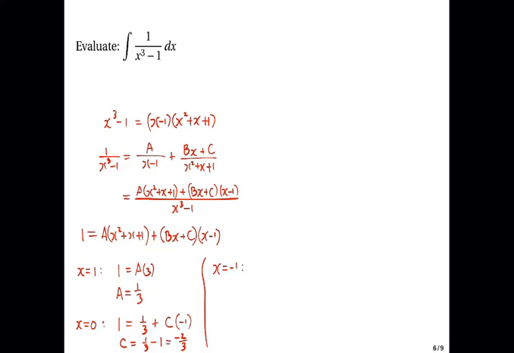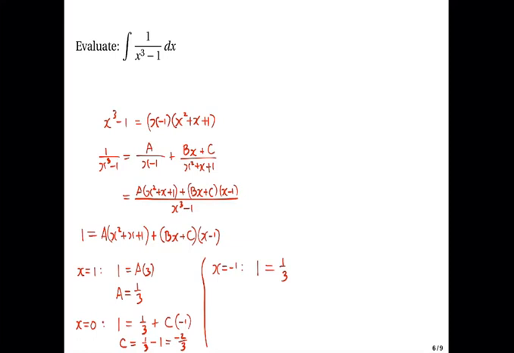So when x equals negative 1, left-hand side it's 1. Right-hand side, you have here a, which is 1/3. And then here you have negative 1 squared, that's 1. This is minus 1 and then plus 1. So again, this expression here, it's just 1.